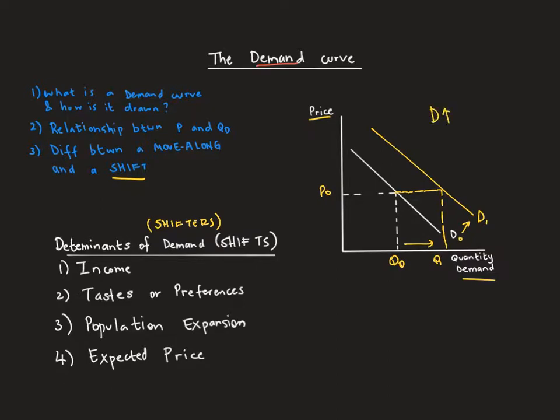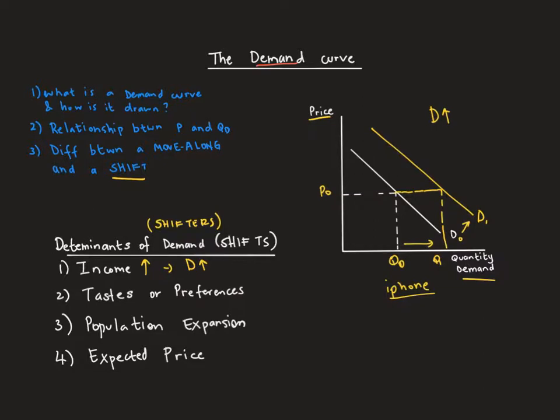Now, let's have a look at the different factors. The first one is pretty simple. When our income increases, you agree that our demand for that particular product will increase. The second factor that shifts your demand curve is tastes or preferences. Let's say, for example, this graph is an iPhone graph. For example, you only consume an iPhone because you like the way the product looks, feels, and operates.